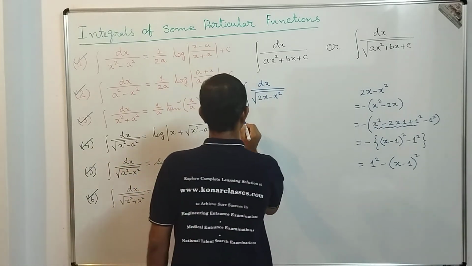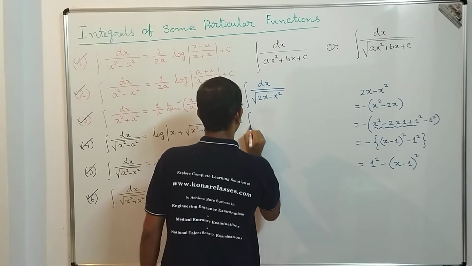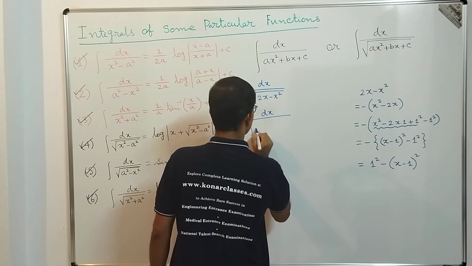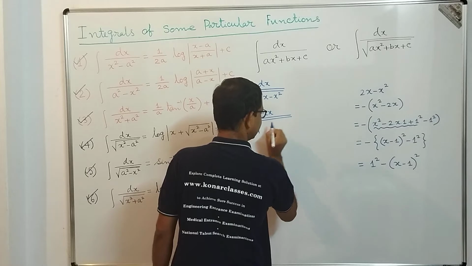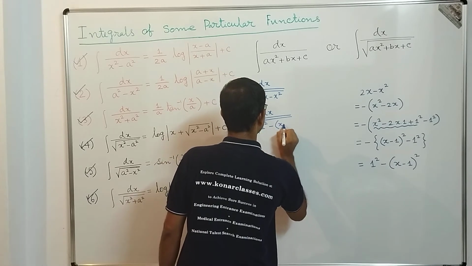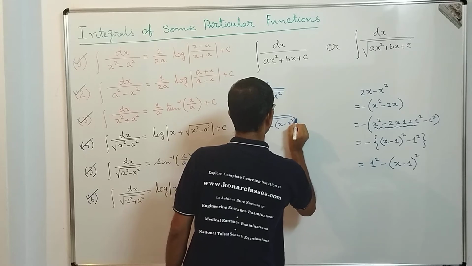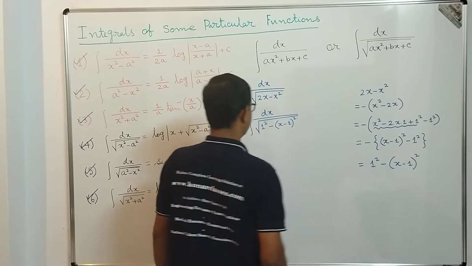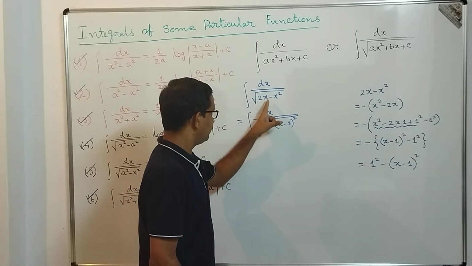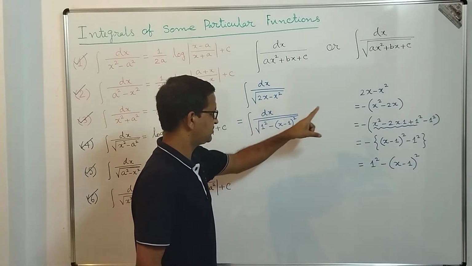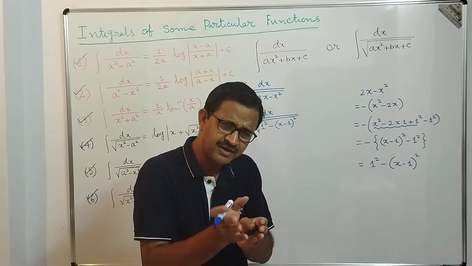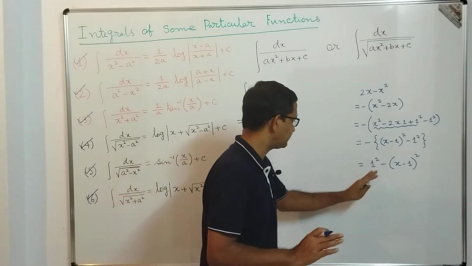So this integration we can now write as integration dx divided by square root of 1 square minus x minus 1 whole square. As I was telling a couple of minutes back, our target is to make this quadratic expression, 2x minus x square, equal to x plus or minus some constant whole square, plus minus some other constant.